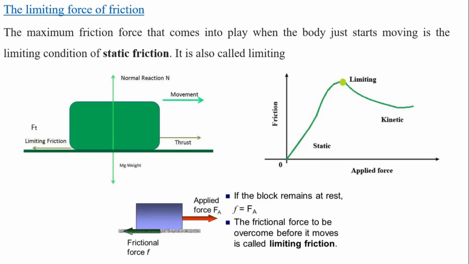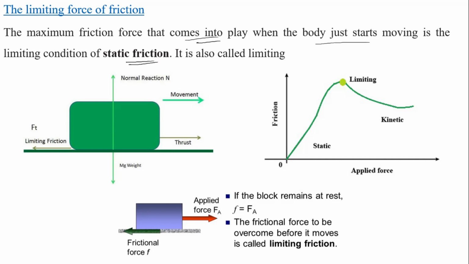Next, the limiting force of friction. The limiting force of friction is the maximum frictional force developed at the surface when the body begins to move, or the maximum frictional force that comes into play when the body just starts moving, in the limiting condition of static friction.